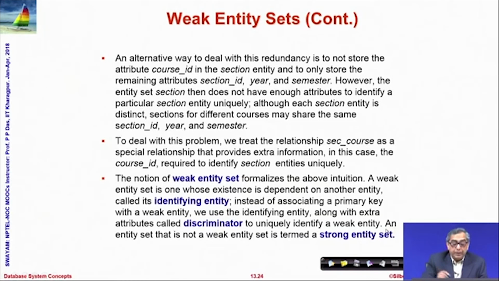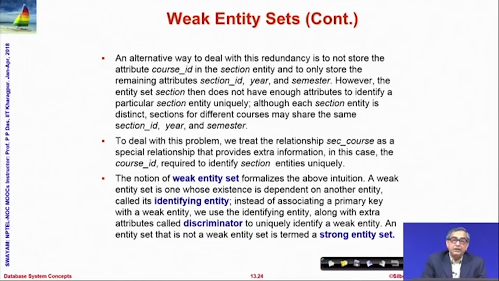So, the weak entity set is one whose existence depends on another entity set. So, if I just say section having section ID, year and semester, then it is not uniquely specified until I have a relation section course which relates the section to the particular course ID.